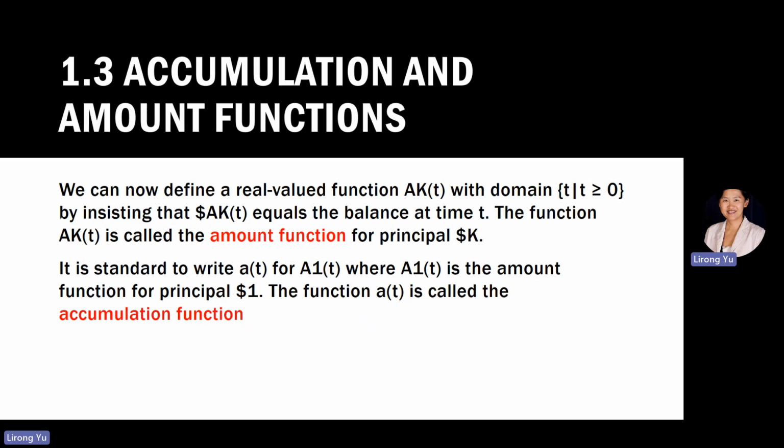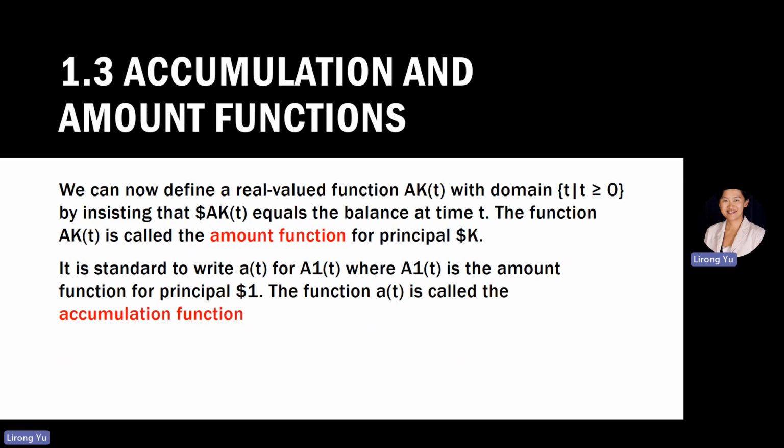Now, what's the relation between the accumulation function and the amount function? The amount function is the total amount, assuming the original money is k dollars. The accumulation function is the amount of money that you have assuming the original money was $1.